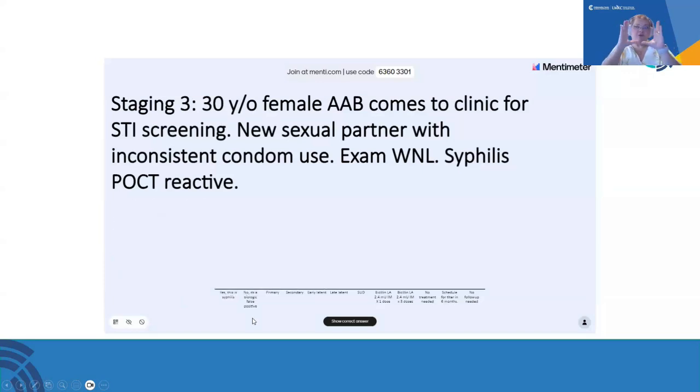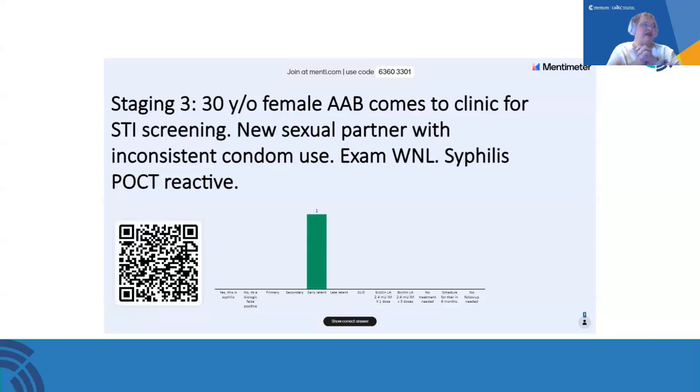So now, are we within that window of 1 year? And based on that, how would we classify it? So y'all go ahead and put in your answers and let's see where we are. Is this syphilis? What is the stage? What is the treatment? And what is the follow-up?